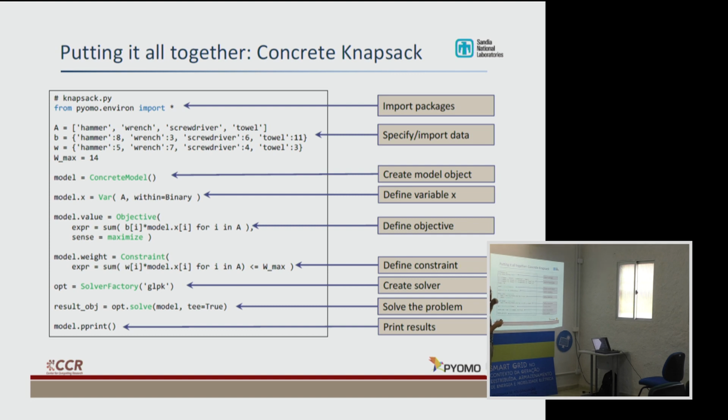And step by step, I will define my model. I create one variable, which here is indexed by A, and it's defined over binary domain. So it's either 0 or 1. Okay? So with this line, I created 4 variables defined in 0, 1.